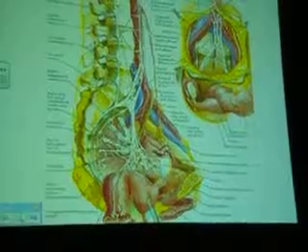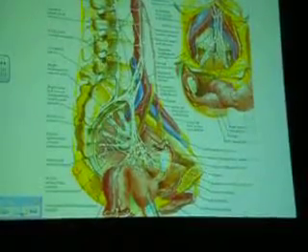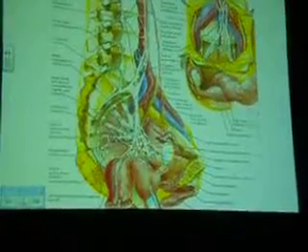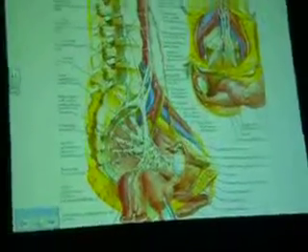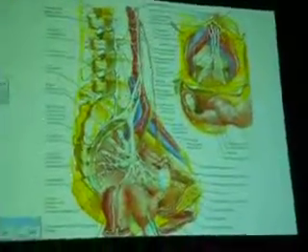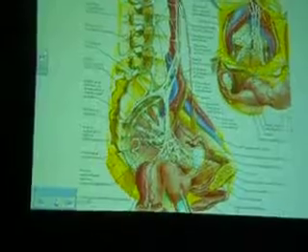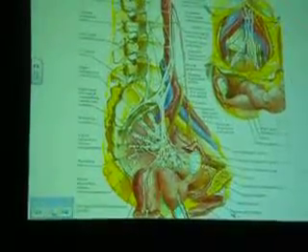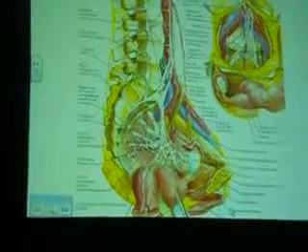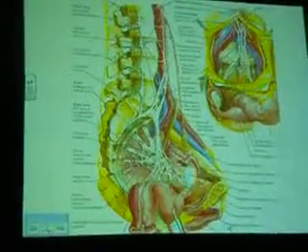The nerve supply of the bladder is most important. It has an autonomic nervous component, both sympathetic and parasympathetic. The sympathetic is coming from T10 to L1-2, right? We have the greater and lesser splanchnic nerves, remember them?